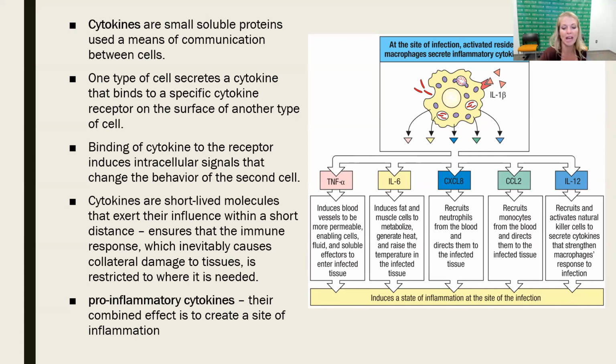So for example, we have our macrophage up here. Once it recognizes and internalizes bacteria and then breaks it down through the phagocytosis process, transcription is going to occur, and this may happen because of TLRs or whatever is going to be recognizing these specific bacteria cells.